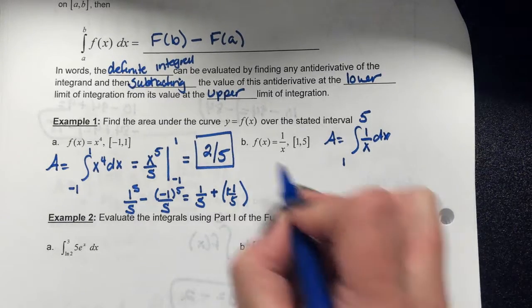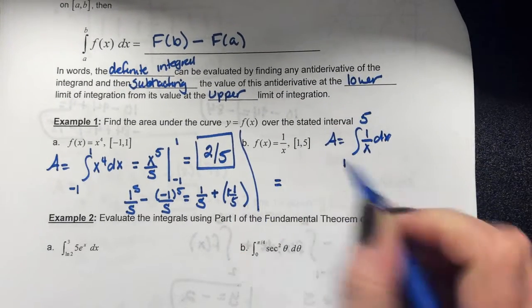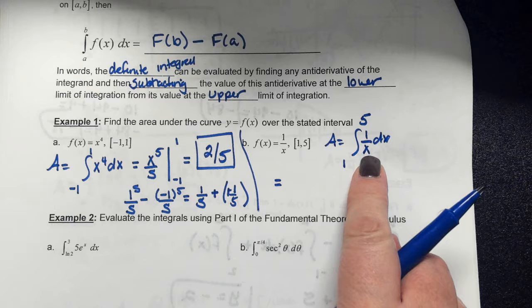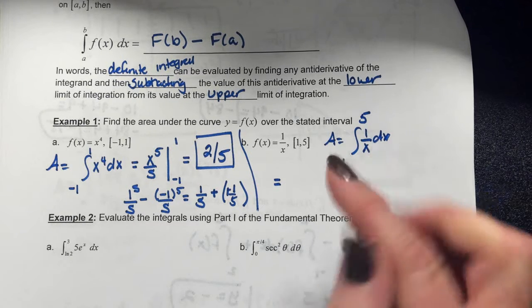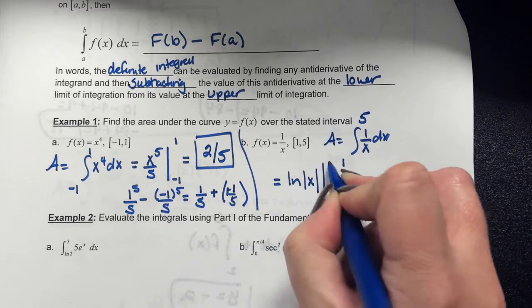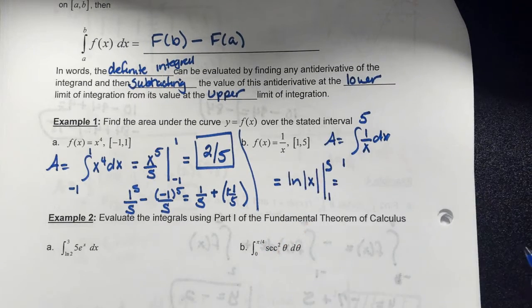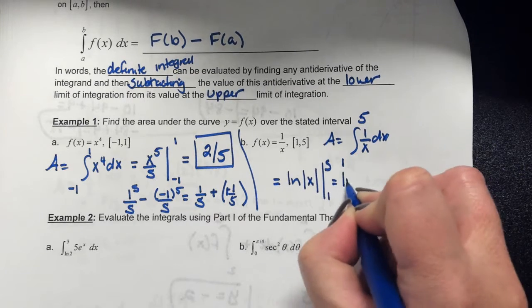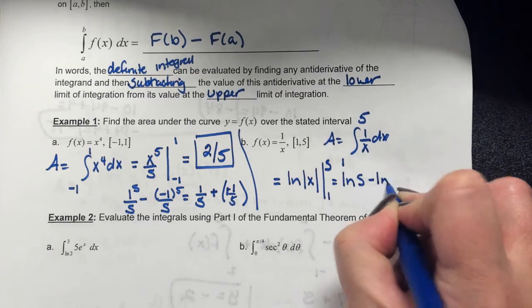So now my question is, what is the integral of 1 over x going to be? That's going to be ln of the absolute value of x. And again, I'm going to evaluate this from 1 to 5. So I have the natural log of 5 minus the natural log of 1.